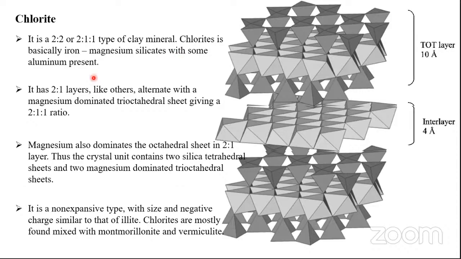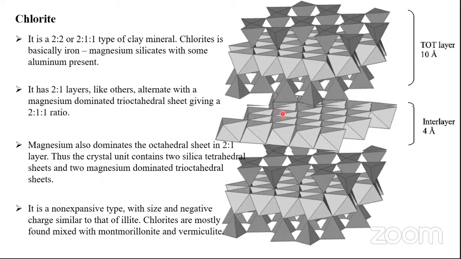In the octahedral sheets in 2:1, magnesium will be dominant, and the crystal units have two silica tetrahedra and two magnesium-dominated trioctahedral sheets. You will read all those things.